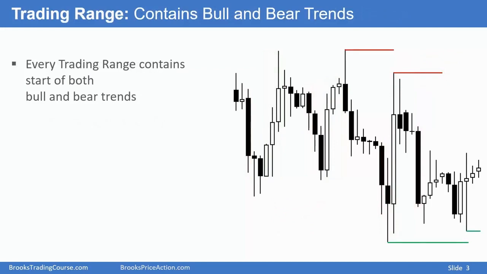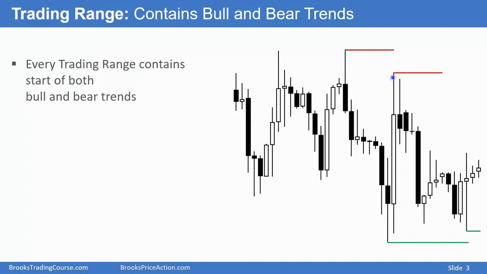I said that every trading range has both bull and bear arguments. Well, every trading range also contains the start of both bull and bear trends. For example, look at this. We're getting lower highs, and if this chart continued down, you would say that the bear trend began here. Likewise, here we got a double bottom.